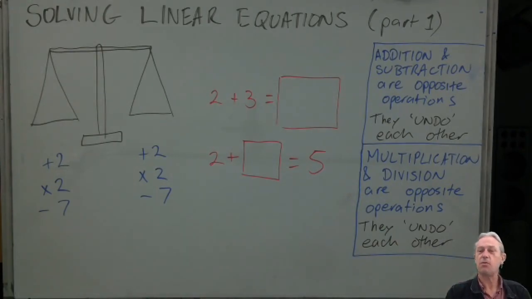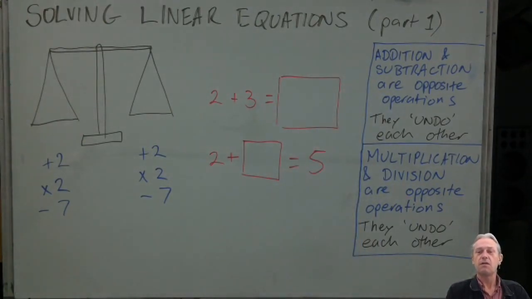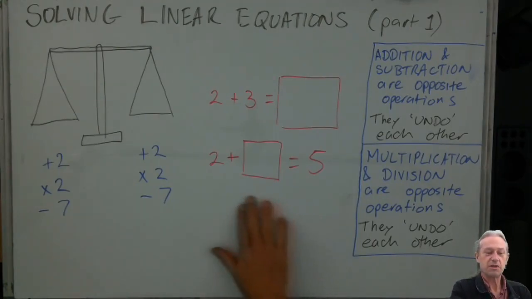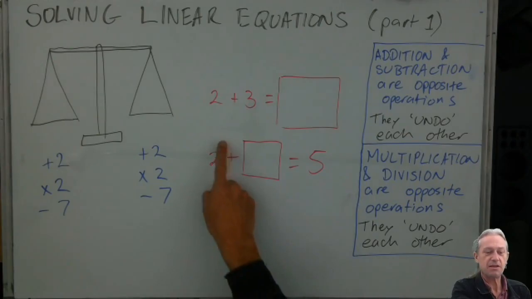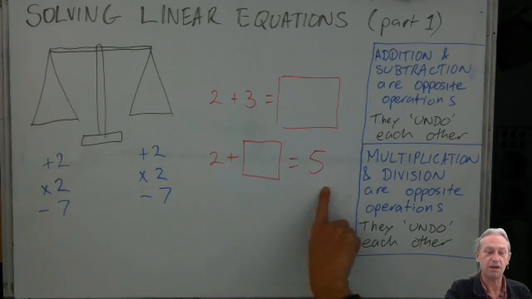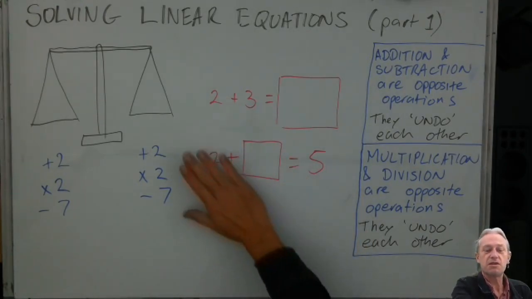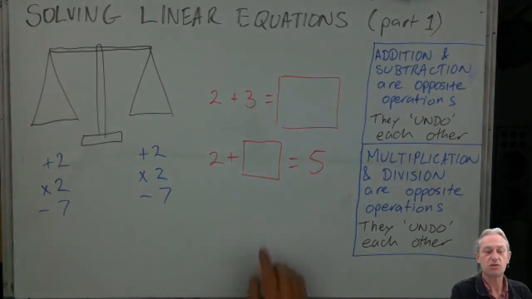But the thing to be aware of is when we're adding or subtracting, for example, in this situation, to make this 2 disappear and end up on this side of the equals, we need to work out what we need to do to this whole side to make the 2 go away.